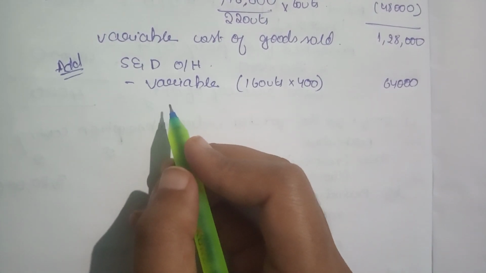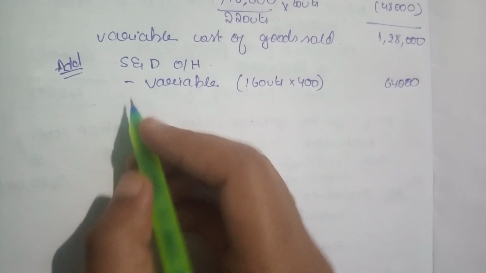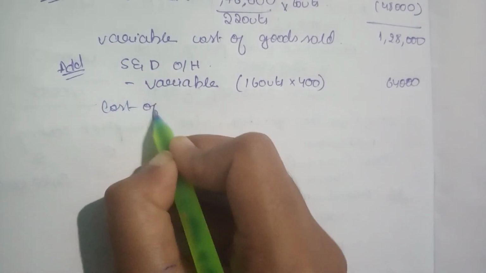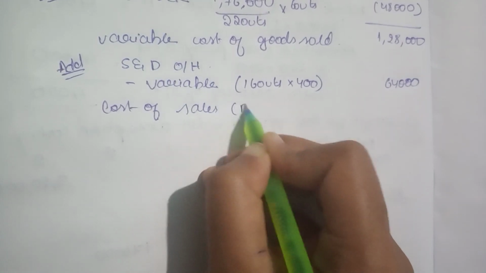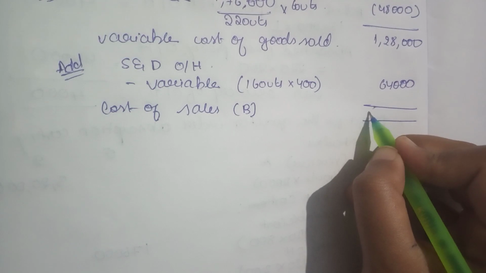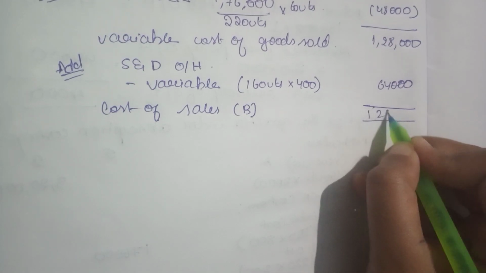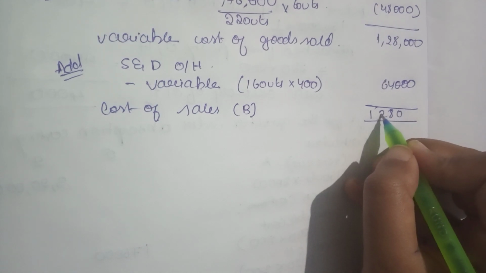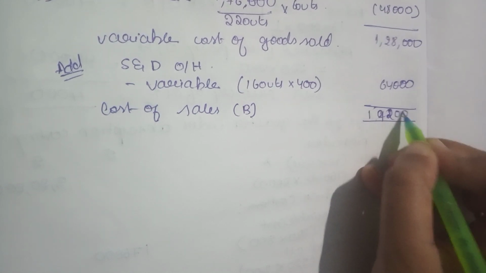That is the difference in marginal and absorption costing, and this will be called as cost of sales. Just keep it as B. The total will be 1,28,000. Sorry, 1,92,000.